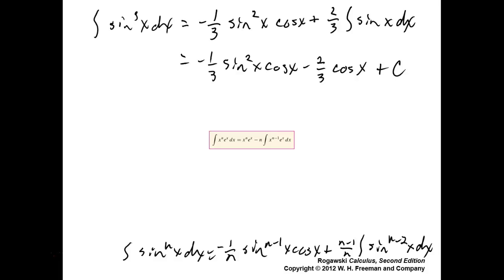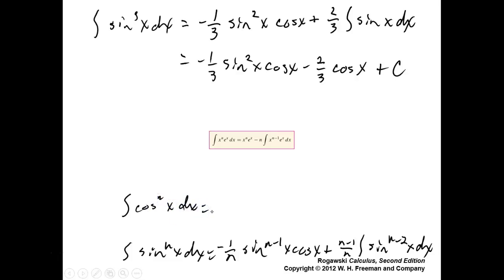Now, in exercise 58, which I won't assign to you, you will be asked to derive the following reduction formula, and it's going to be similar. It's going to be the one for cosine, the integral of cosine nth x dx.